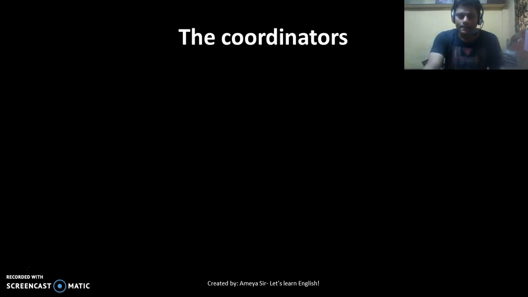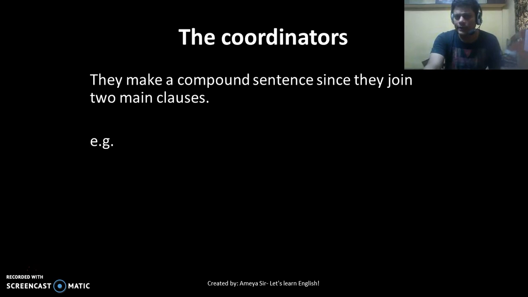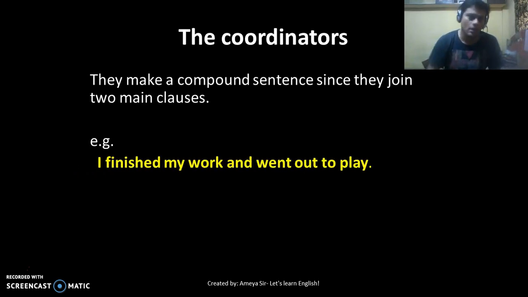The coordinators also are conjunctions, as I said, the second type. And here is an example. I finished my work and went out to play. Now here, and is a coordinator simply because it joins two main clauses. They make a compound sentence, since they join two main clauses.